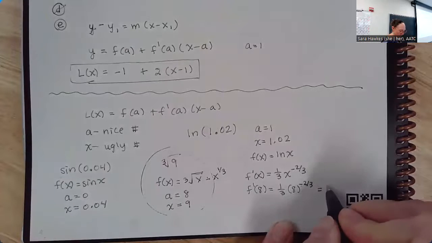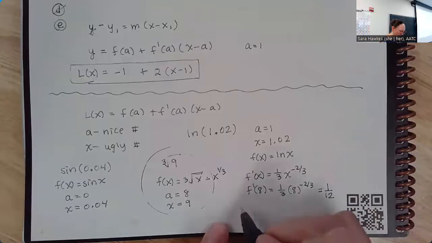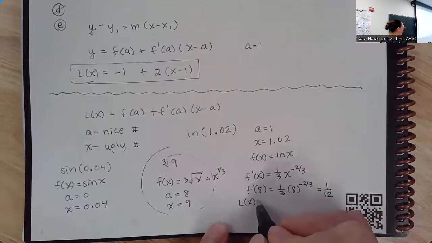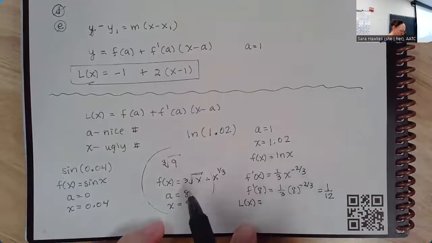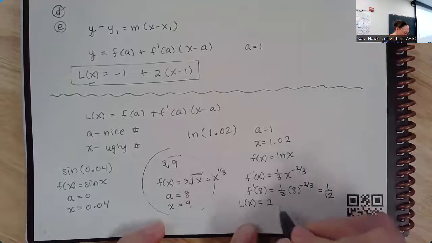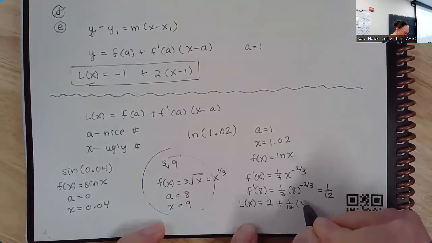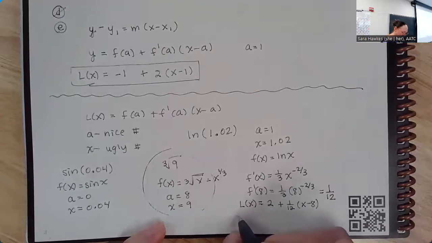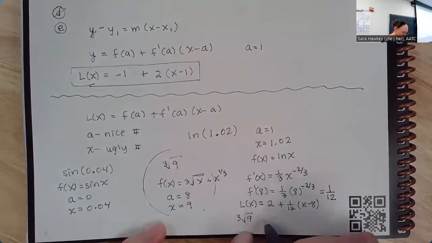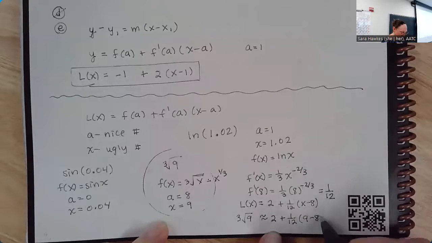So this is 1/12. So my linear approximation, or my linearization, would look like, when I plug in 8, we get 2 plus 1/12 of x minus 8. And I can say that the cube root of 9 is approximately 2 plus 1/12 of 9 minus 8.